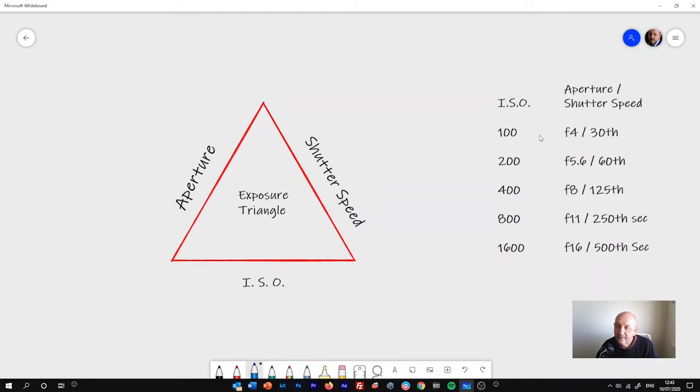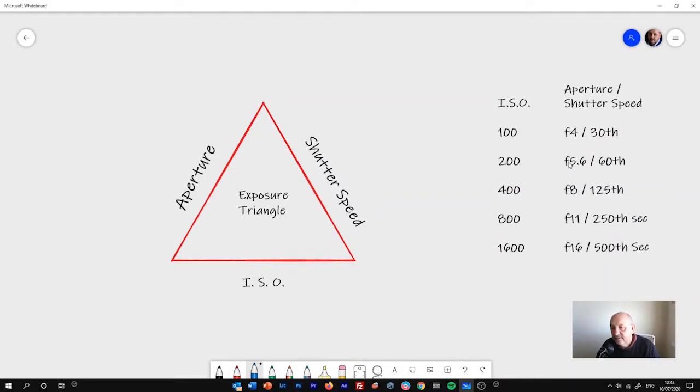And let's say that the correct exposure at 100 ISO was f4 at a 30th of a second. They're just numbers in this case, they don't really mean very much, but a fairly wide aperture and a fairly slow shutter speed. Again, we're moving the ISO up in one stop increments, so we're doubling the ISO in the first case to 200.